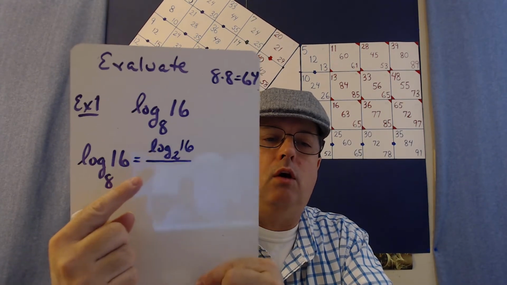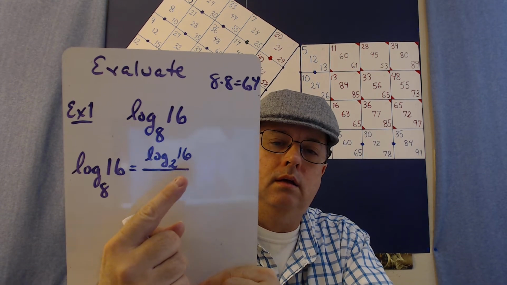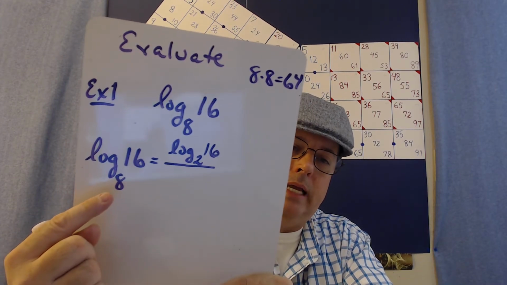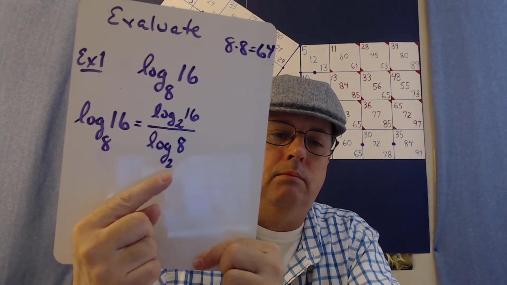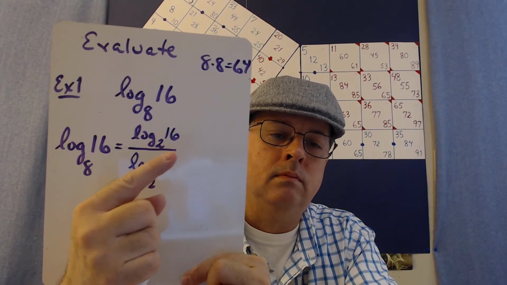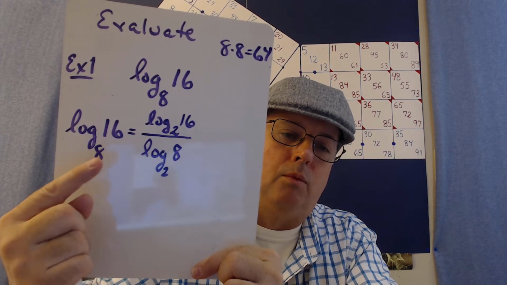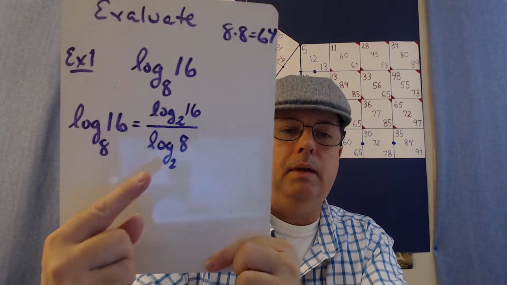Okay, so this says the log base 8 of 16 is the same as the log base 2 of 16, as long as we remember that we weren't doing log base 2, we were doing log base 8. So we have to make an adjustment. We have to divide by the log base 2 of 8. So when we want a new base, base 2, we have to remember that the original base was base 8. Okay, so we changed the base.